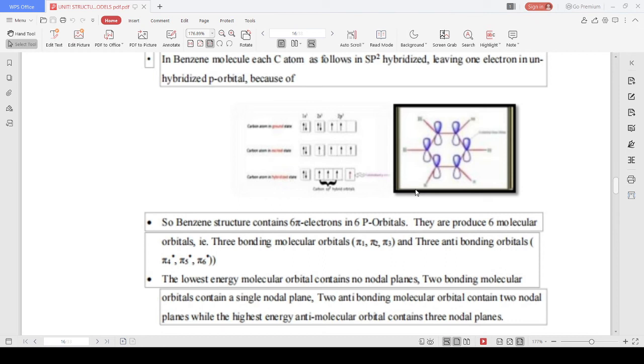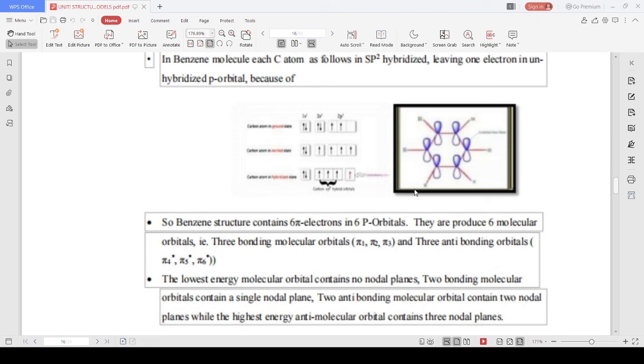They produce 6 molecular orbitals: 3 bonding molecular orbitals, pi 1, pi 2, pi 3, and 3 anti-bonding orbitals, pi star 4, pi star 5, pi star 6. Total is 6 electrons.